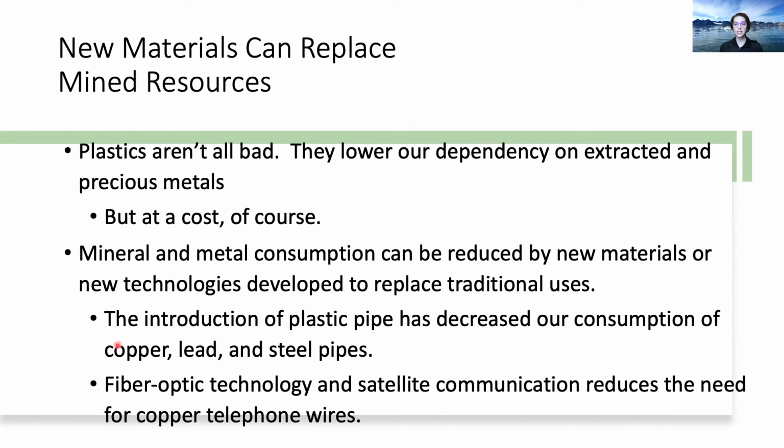Another example here is the introduction of fiber optic technology and satellite communication, which reduces the need for copper telephone wires. You all probably don't even know what a landline phone looks like with a cord, but those required copper. And so now that we have fiber optic technology and satellite communication, we are no longer reliant upon those.